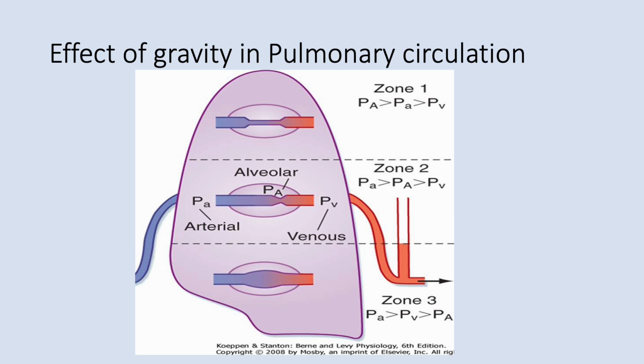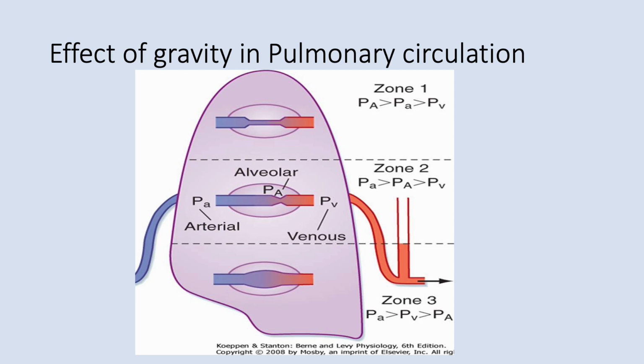In zone 3 there is more blood flow but less aeration, and again there is ventilation perfusion mismatch, and this time it acts like an intrapulmonary shunt. So the best zone is zone 2, where there are equivalent air entry and blood flow, and the ventilation perfusion ratio is around 1.